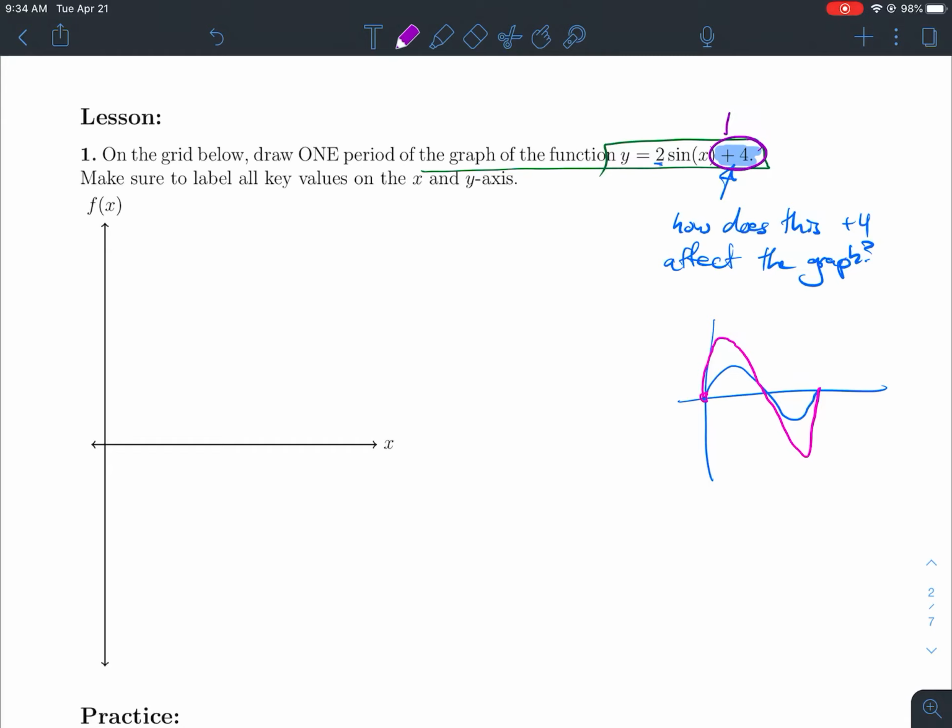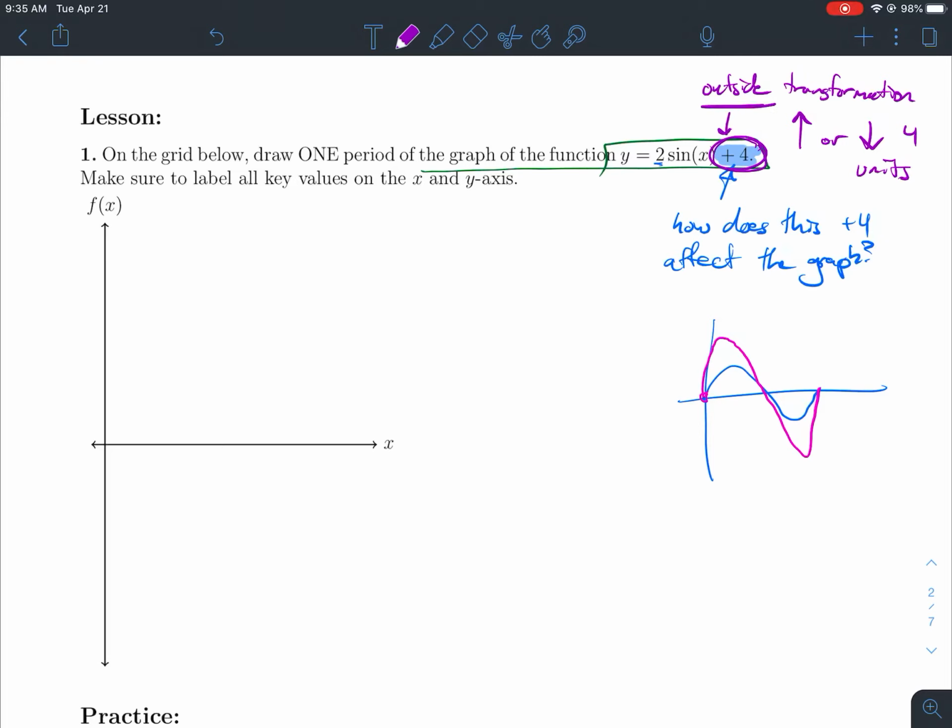This is an outside transformation. So an outside transformation is always a shift in the y direction. So it's going to be up or down 4 units, the whole graph.